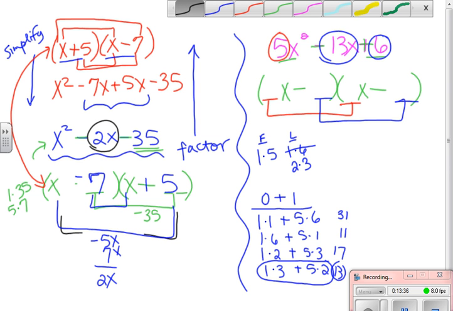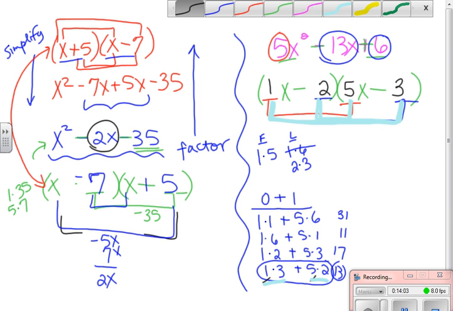So what I need to do is put these two factors of 5 in here. Now remember, it's outside and inside. So here, my 5 needed to get multiplied by the 2. And my 1 and 3 need to get multiplied.